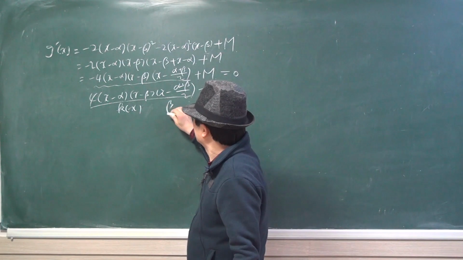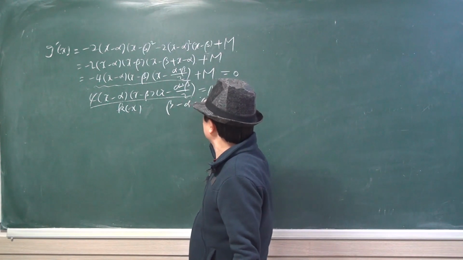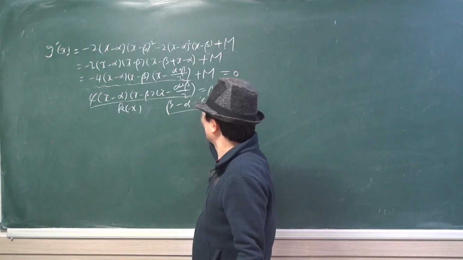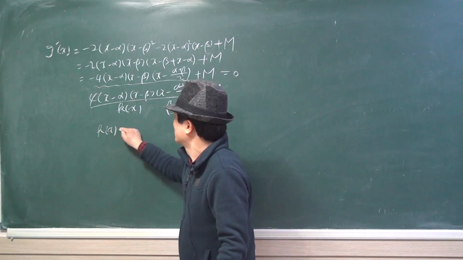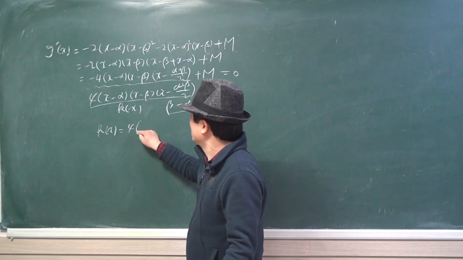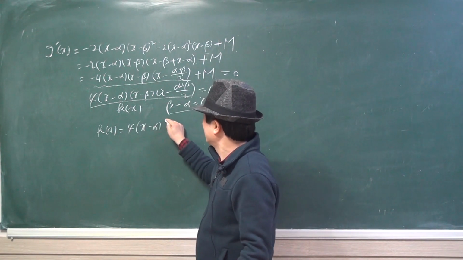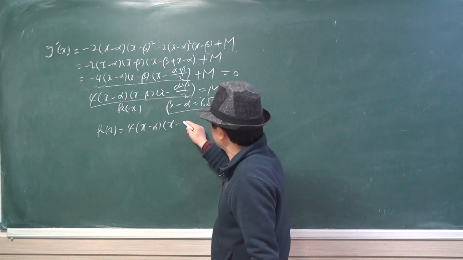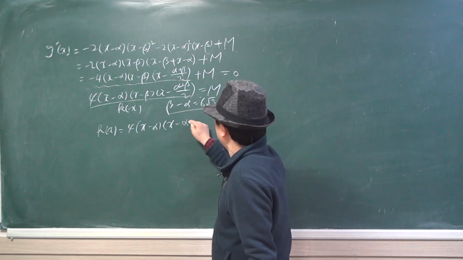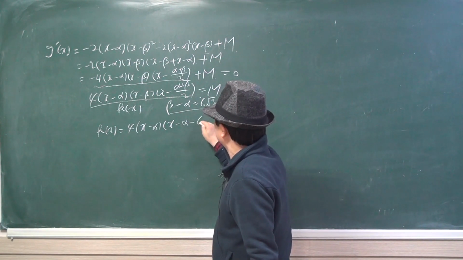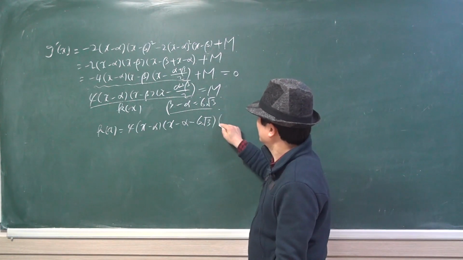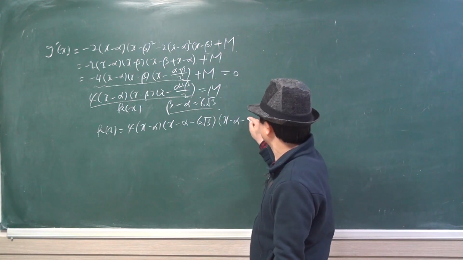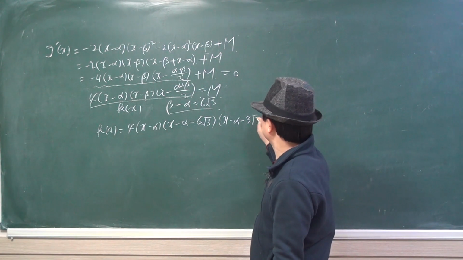Beta minus alpha equals 6 times square root of 3. Then k(x) equals 4 times (x minus alpha) times (x minus alpha minus 6 times square root of 3) and (x minus alpha minus 3 times square root of 3).